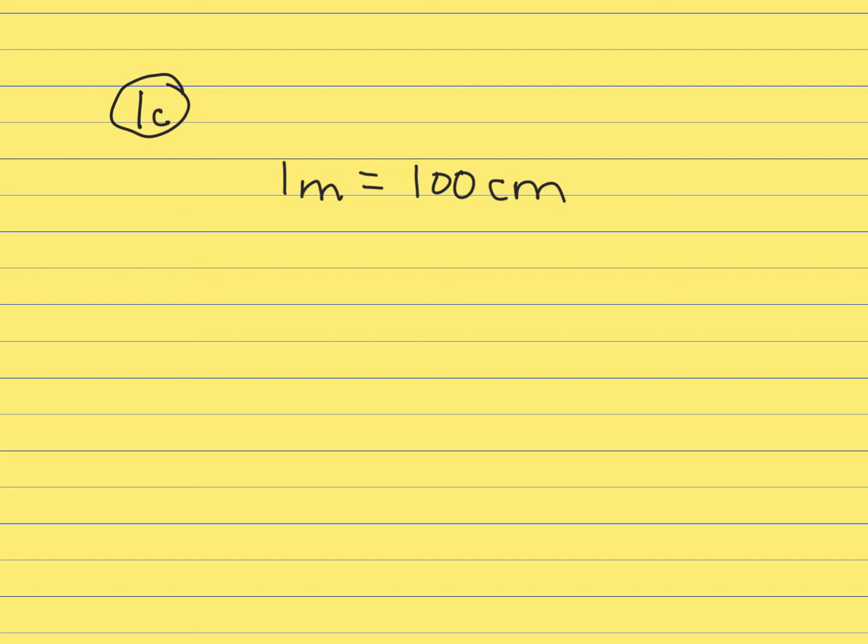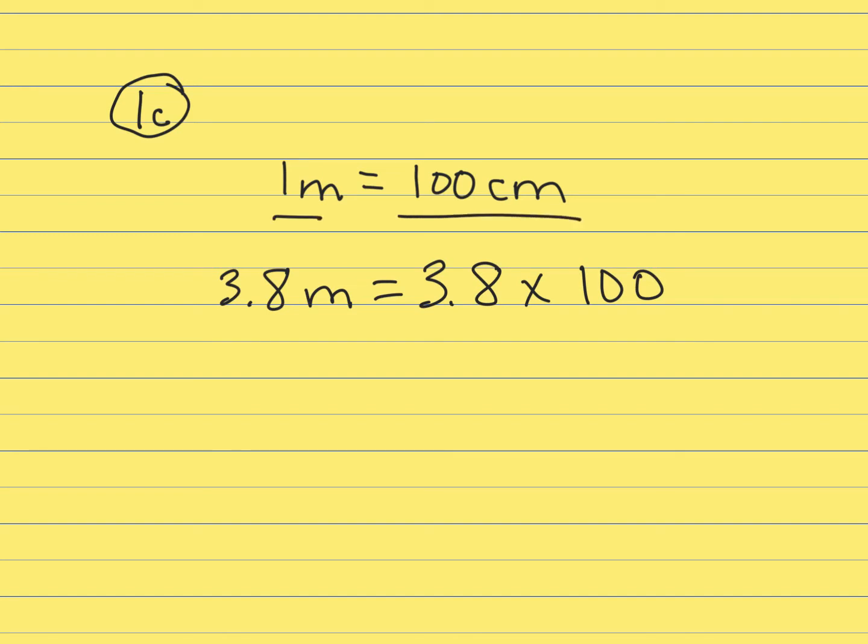So let's say you had 3.8 meters, and you want to see how many centimeters that is. You would have to do 3.8 times 100, and then you're converting meters to centimeters. Now you try it on yours.